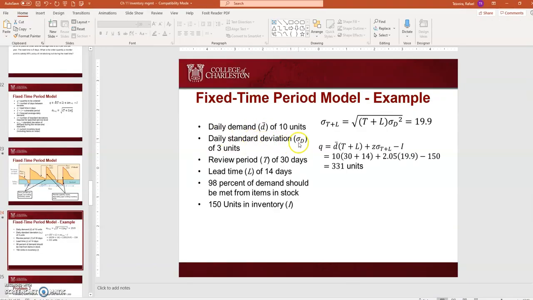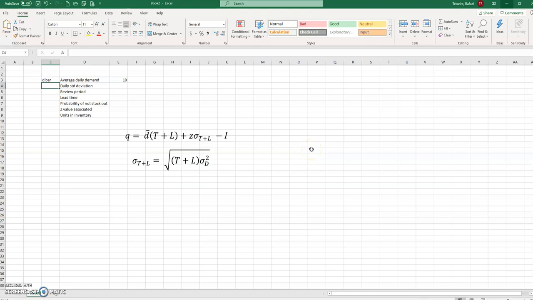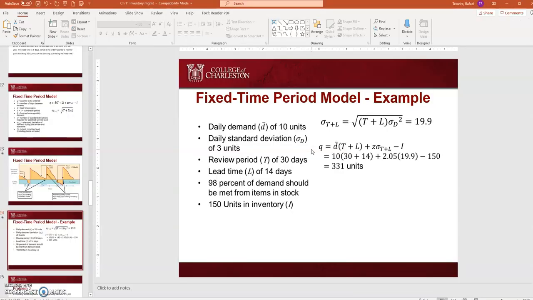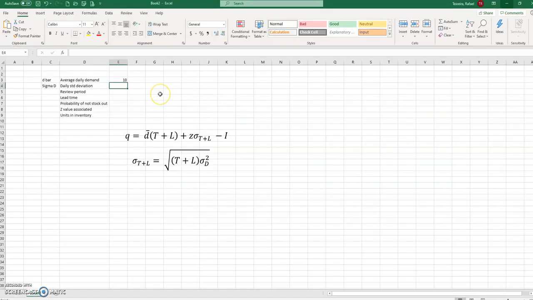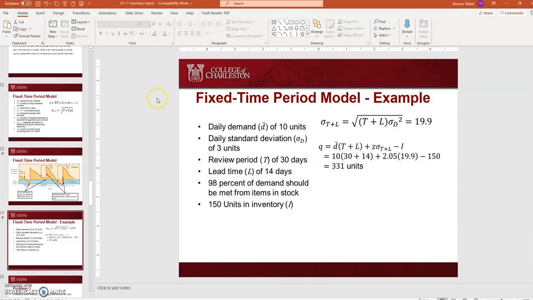Daily standard deviation, which is sigma D, so how much my sales or my inventory varies every day, is 3 units. On average, I use 10 units, but it varies. Sometimes I use more than 10 units, sometimes I use less. The standard deviation is 3 units.